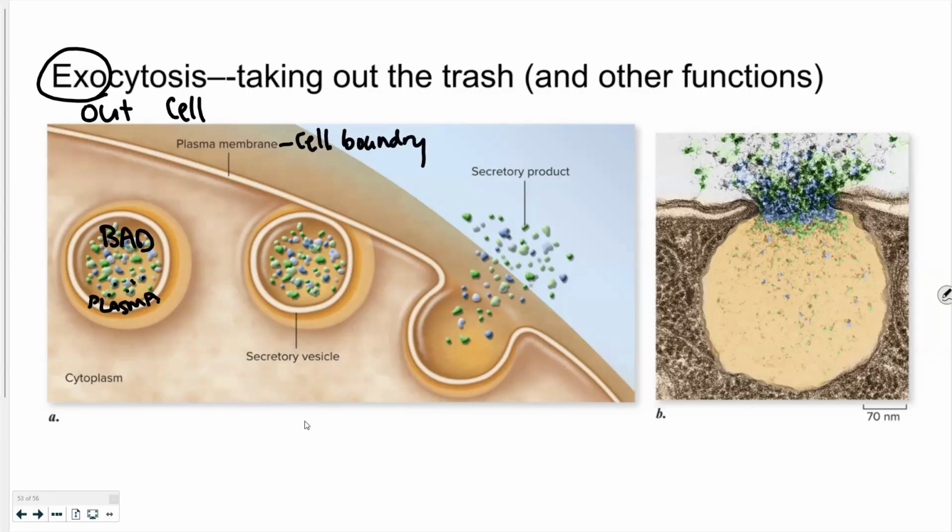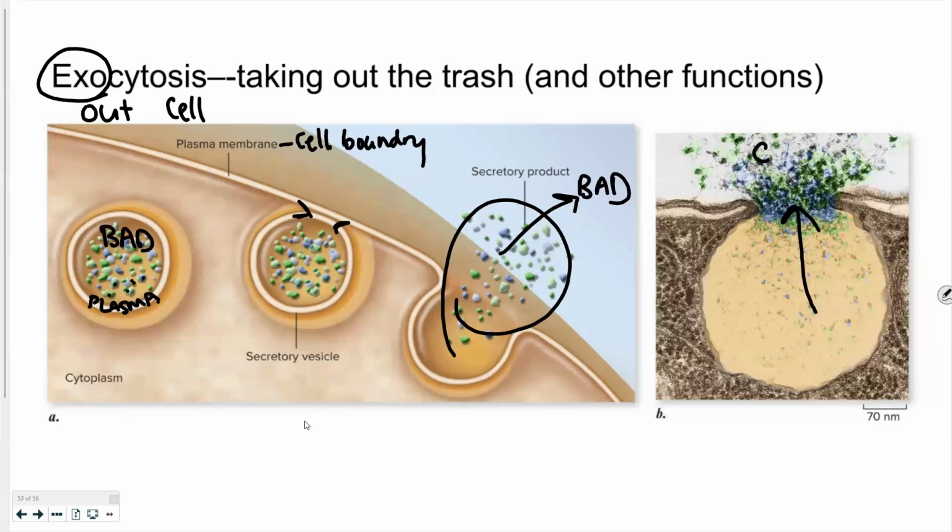This plasma membrane of this little organelle is going to fuse with the plasma membrane of the cell, and then all this bad stuff, all these waste products, gets dumped out into the external environment of the cell. This one, I think this one really just looks like puking. This is cell puke. I'm a professional.